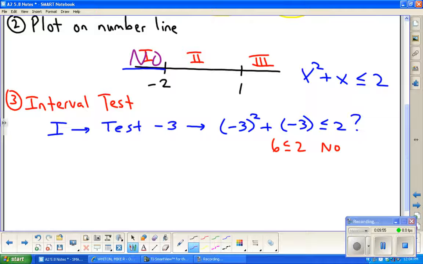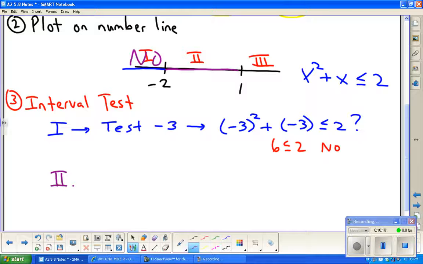Okay, and the good thing about this interval test is you only have to test one number in there, and it tells you what will happen with any number in there. So the whole first interval is no. Now we got to check the second interval. Any number we want to try between -2 and 1.